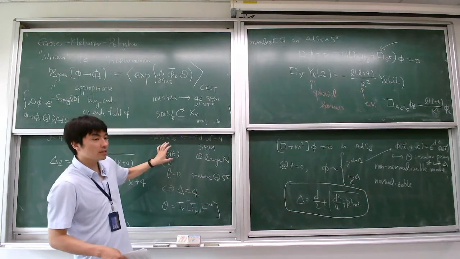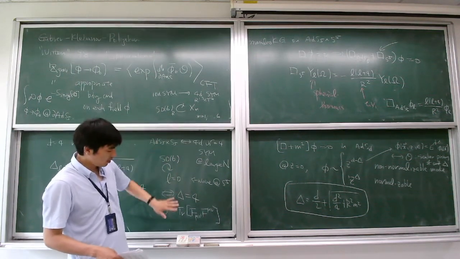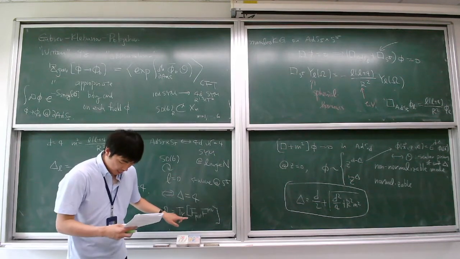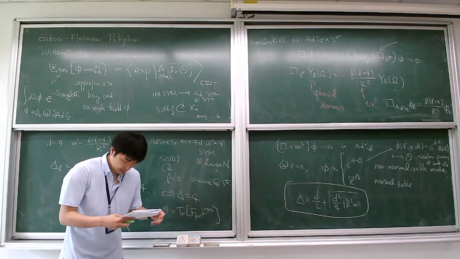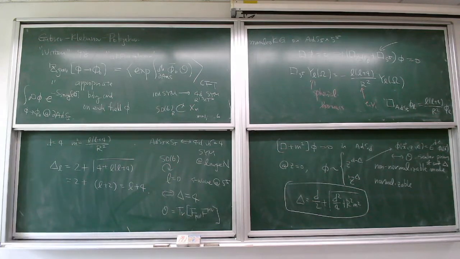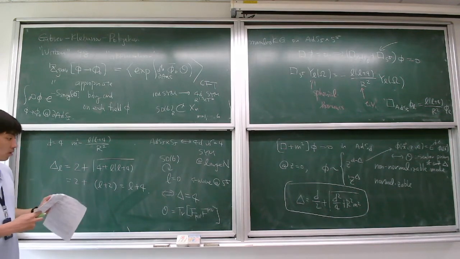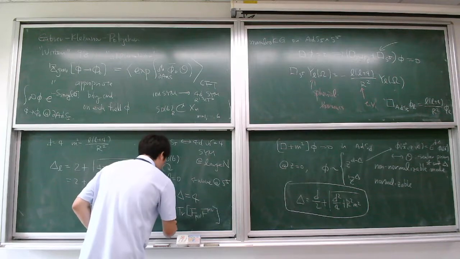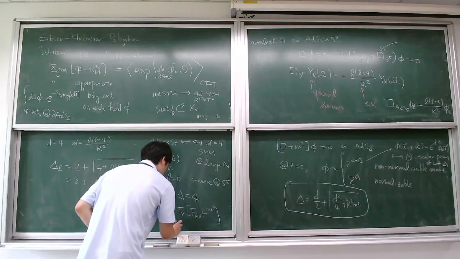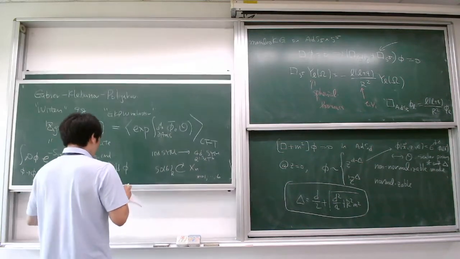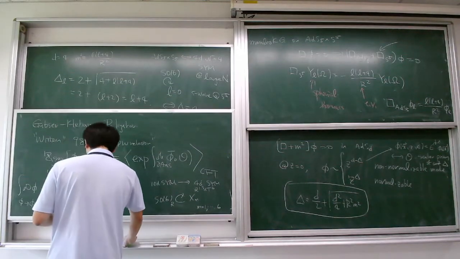Otherwise, it breaks the SO6. Okay? So this is a natural candidate, dimension 4 and scalar, and chargeless. So this is called the Lagrangian operator in quantum field theory.